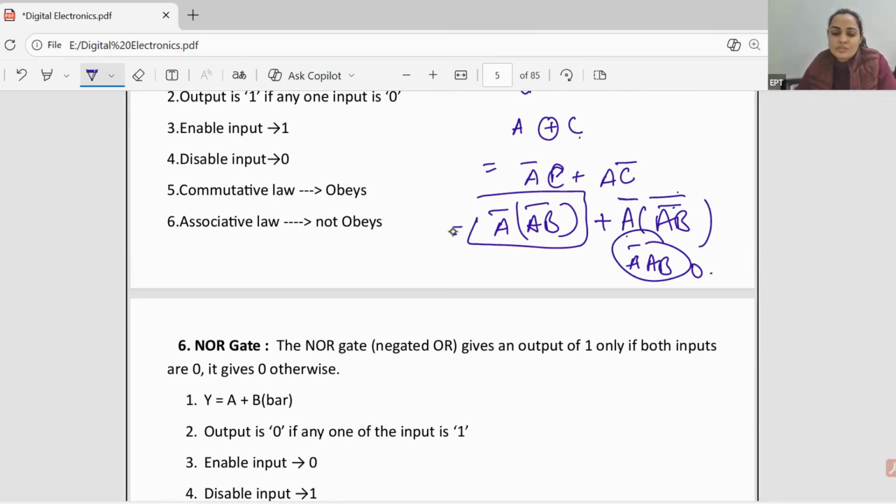Now let's solve it. So this is a bar. Now (ab) whole bar can be written as a bar plus b bar, right? Now multiply here. So this is going to be a bar plus a bar b bar. Now let's take a common.